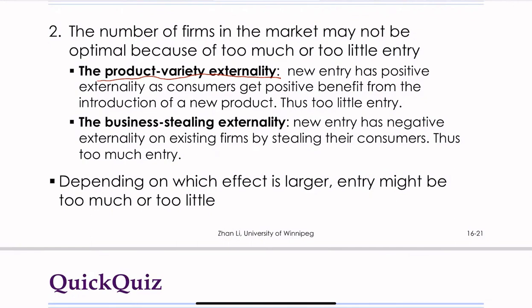And we learned in the previous chapters, when there is a positive externality, then the production or the number will generally be too small, right? Recall the education case. Education has a positive externality, and the private or market outcome is actually too little compared with the optimal outcome.